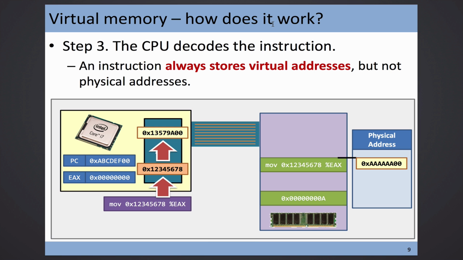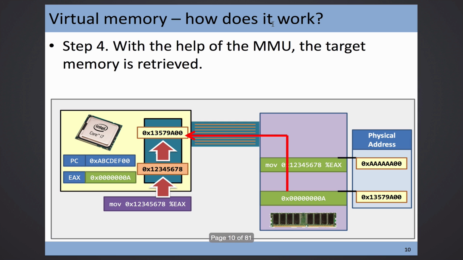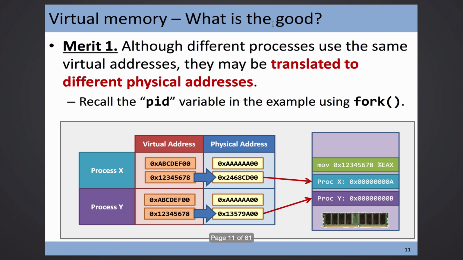Ask the MMU, hey, translate it for me. And eventually this translation gives me a new address, I don't know, 1357980. Then go there and look it up. So what can you say about this? The animation can show you this.